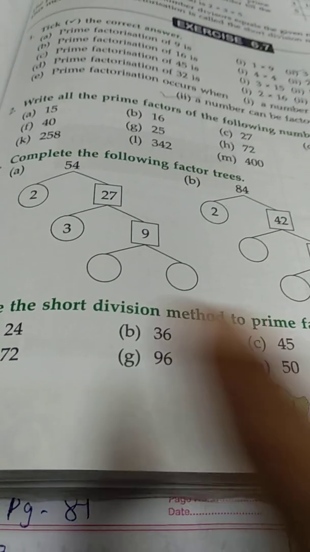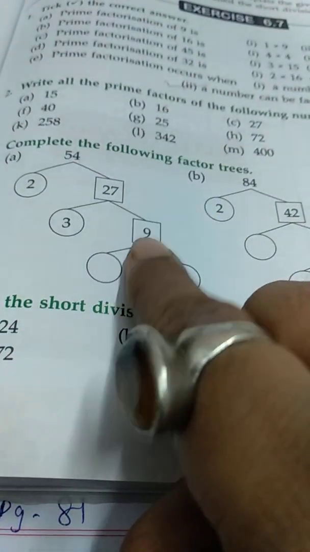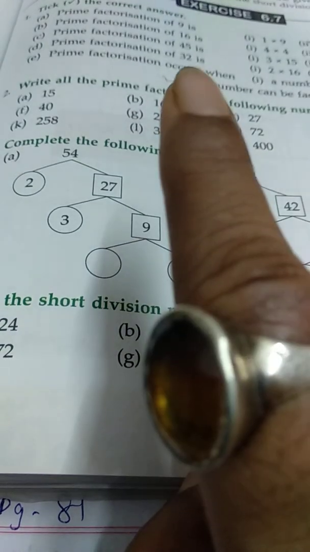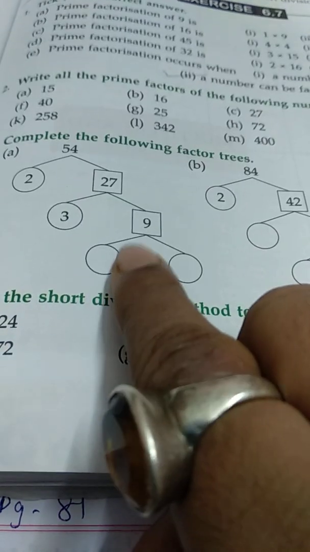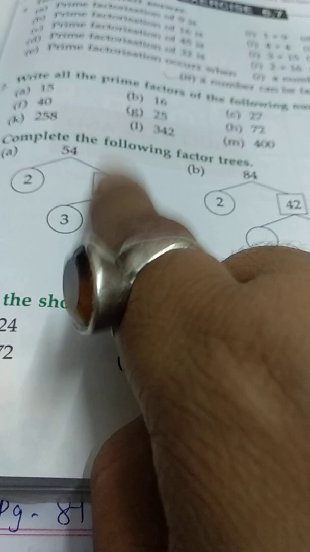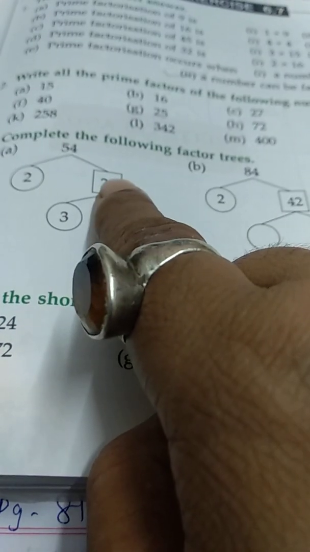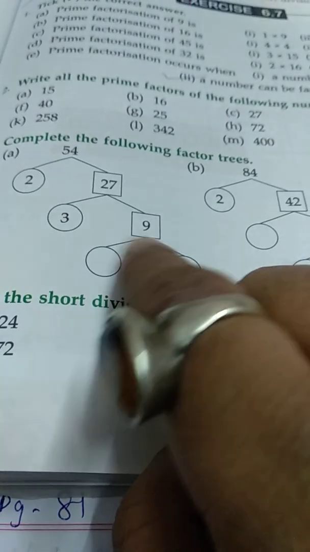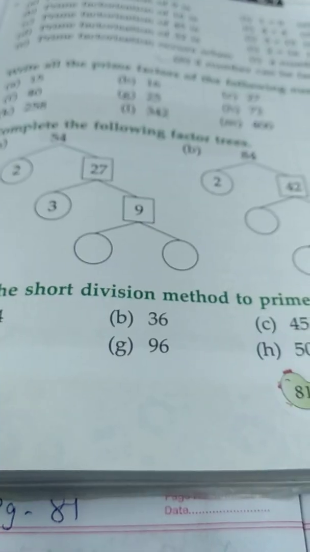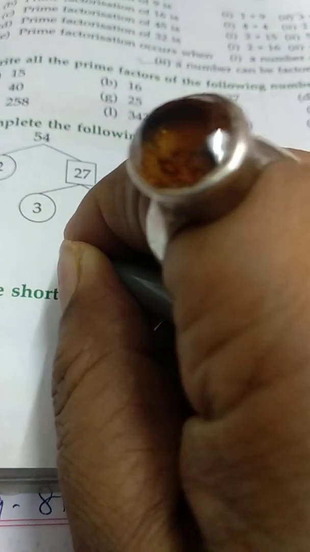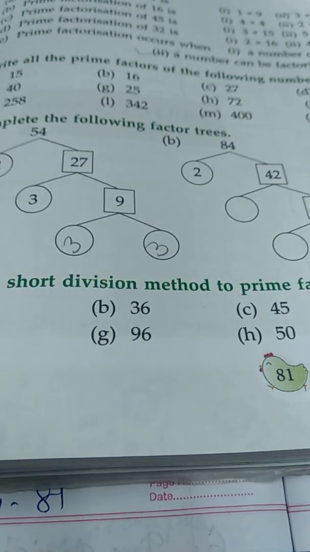We have to complete this tree. 2 twenty-sevens are 54. 27 is 3 nines. This is the tree method. So multiples of 54: 2 into 27. Now we have to break down 27. That will be 3 nines. Now we have to break down 9. That will be 3 threes. Completed.